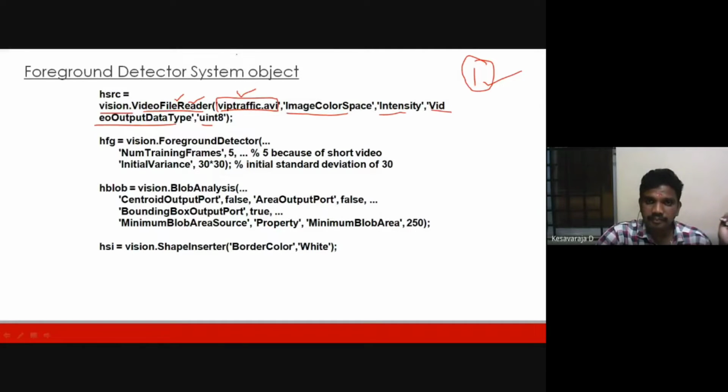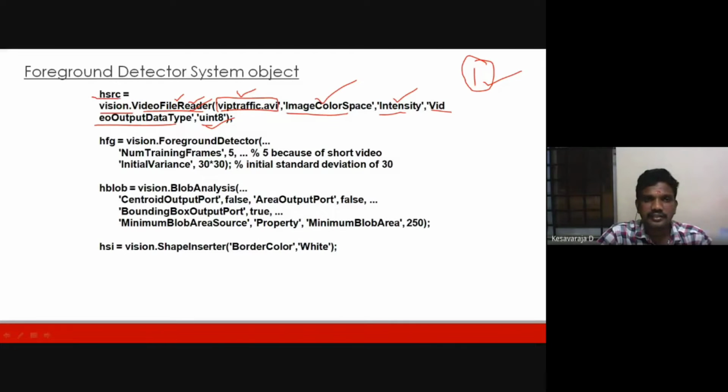And the parameter name is ImageColorSpace, for applying the color space, which will be intensity. The video output data type is unsigned integer 8 bits. You can give anything, that's not a problem. Currently I'm using this methodology.